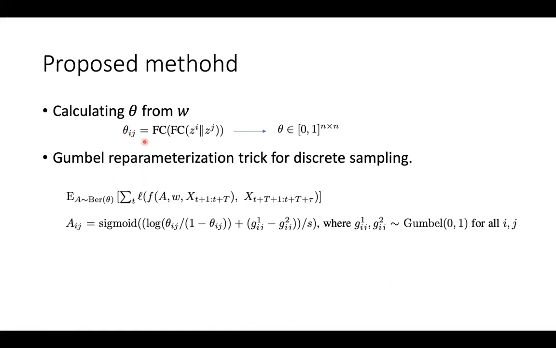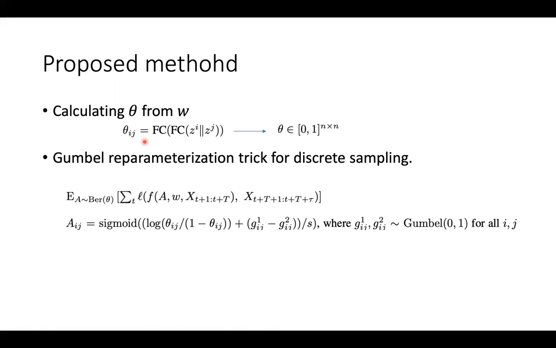Yeah, I understand the motivation, but for the exact trick, in the Gaussian case we just sample from a standard Gaussian distribution, then do some scaling with the sigma and a shift with mu, and then we can guarantee that the output follows a Gaussian distribution with mu and sigma square, which are the outputs from some neural network.